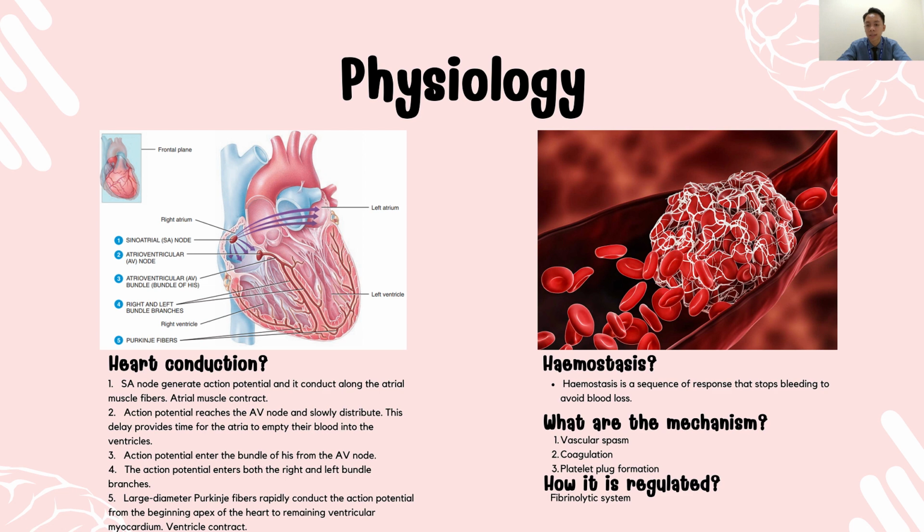The first one is the extrinsic pathway and the second one is the intrinsic pathway. These pathways lead to the formation of prothrombinase. Then the prothrombinase will convert prothrombin into the enzyme thrombin, and the thrombin will convert soluble fibrinogen into insoluble fibrin, then forming a clot.